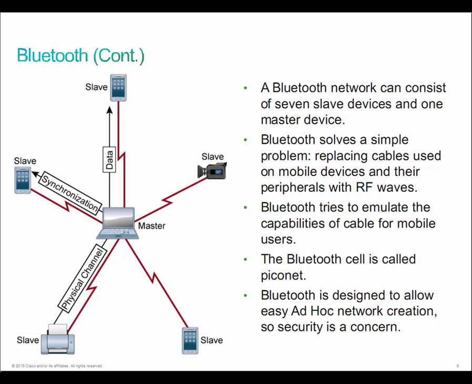Pairing mechanisms have changed over the time since introducing Bluetooth originally. You have kind of a legacy pairing method, which was only available in Bluetooth version 2, where you would actually have to enter a PIN code, and pairing would only be successful if both devices entered the same PIN code.